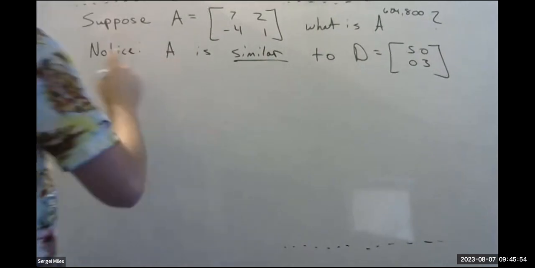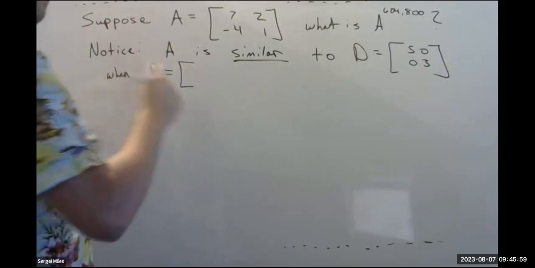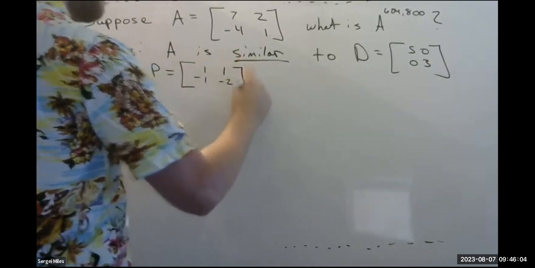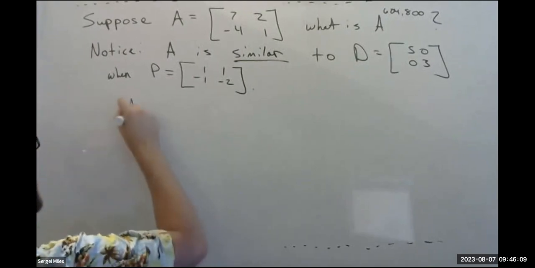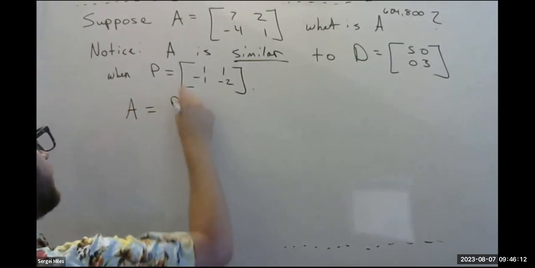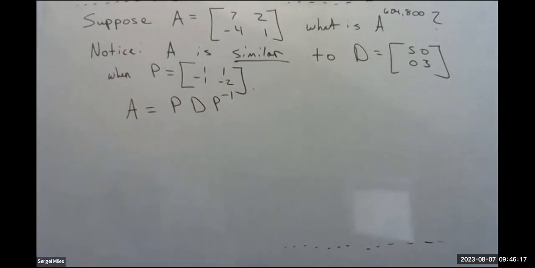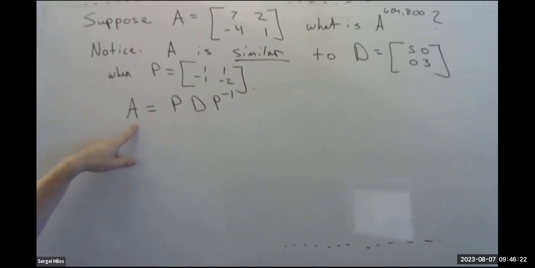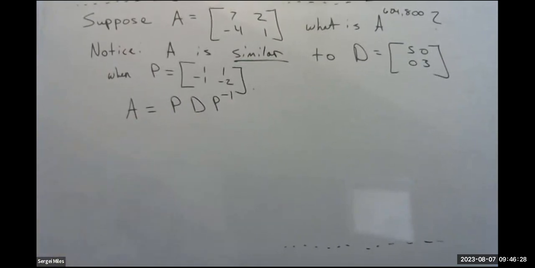This is the same matrix D we had just a moment ago, when P equals 1, -1, 1, -2. In other words, what does it mean that they are similar? This means A equals P D P inverse, right? So what we have here is that A itself might not be a diagonal matrix, but it is equal to this product, which has a diagonal matrix in the middle of its product.